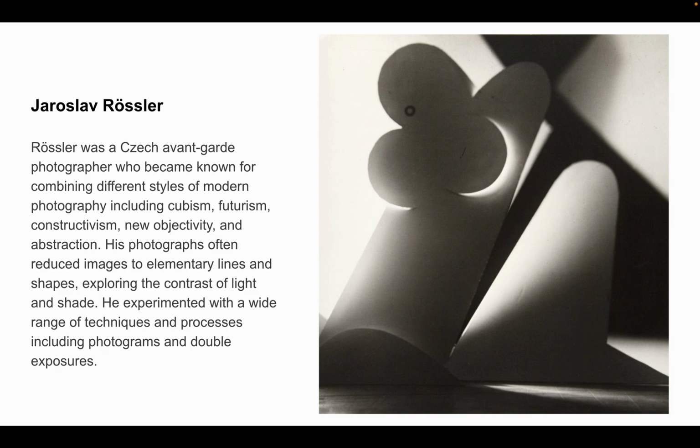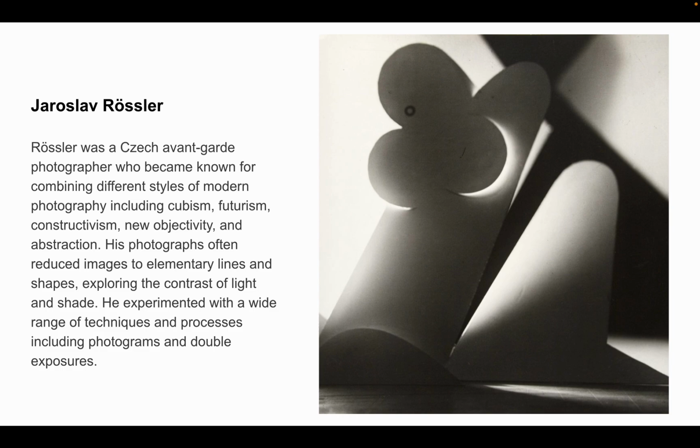His photographs often reduced images to really looking at the basic lines and shapes that were created. So the way he would cut and fold his paper, he was looking at how the shapes ended up being and how the edges, the lines worked. From there, he really explored the contrast of light and shadow.